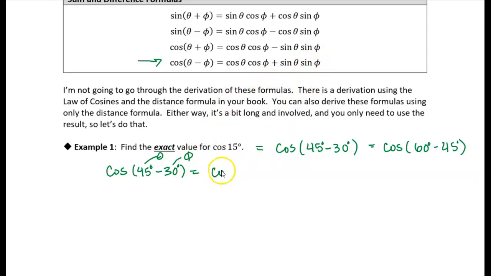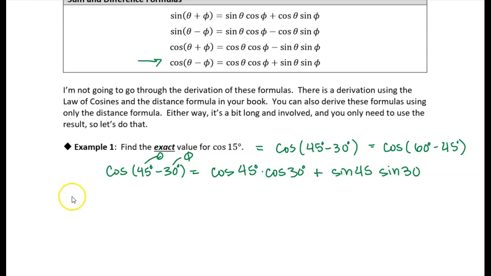So I have the cosine of theta, which is 45 degrees, times the cosine of phi, which is 30 degrees, and then plus, notice it's a plus, the sine of theta, which is 45 degrees, times the sine of 30 degrees, which is phi.